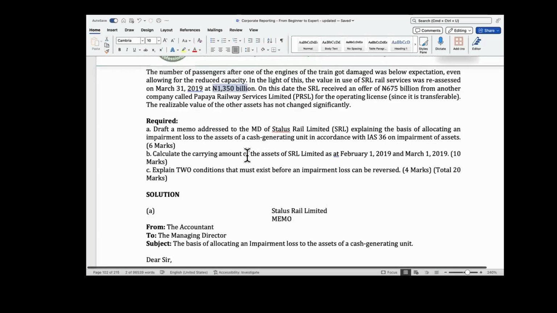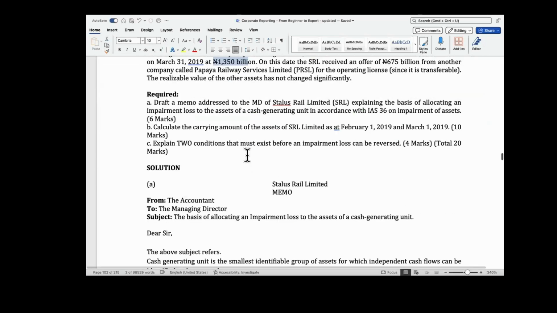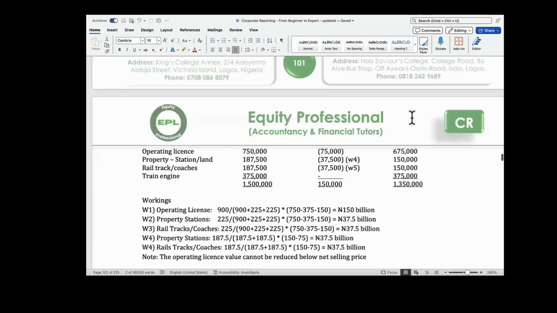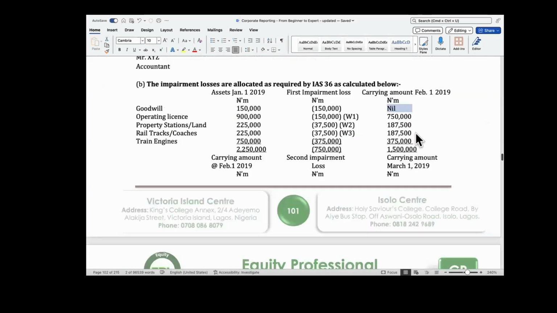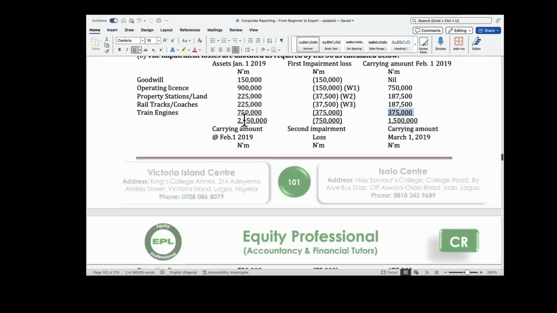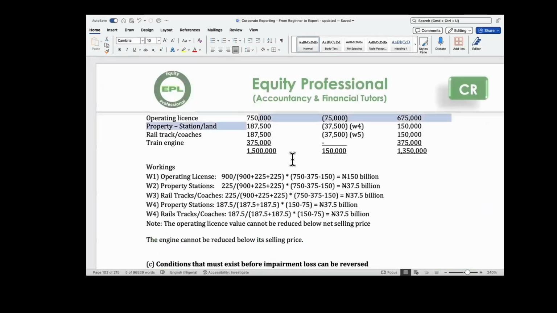So let's allocate in March. From February, these are the new values of those assets, so we bring them to this table here. The total impairment loss now is 150. In March, we don't have any physically damaged assets and we don't have goodwill.